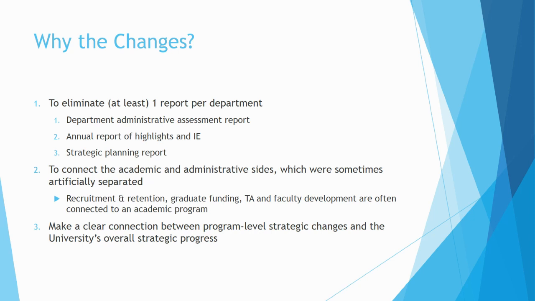The new templates ask that you indicate any connections between your program's strategic objectives and the university's strategic plan to allow the Chancellor's Office to track progress in the areas of strategic focus and areas of transformation contained in Giant Steps. We'll look at the template shortly to see how those connections are illustrated, but for now it's important to know that we will use these reports to extract results of your projects that connect to UNCG's Giant Steps strategic plan.